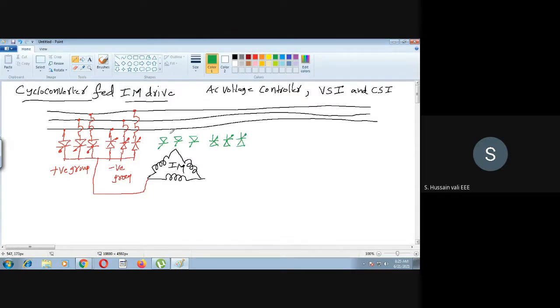Then you have another group. Then you have the third phase. Every phase you have a positive group and a negative group.